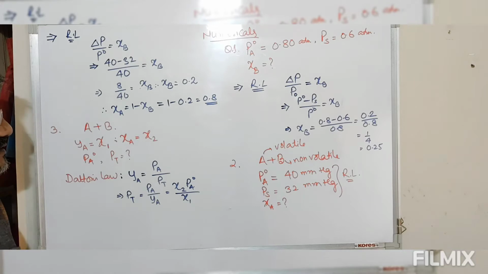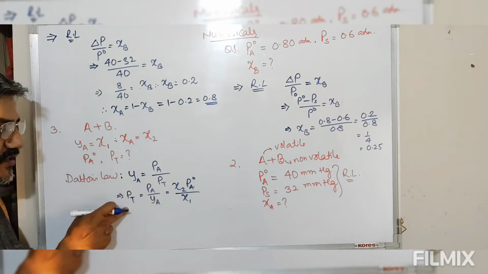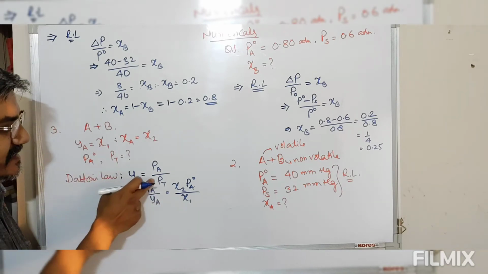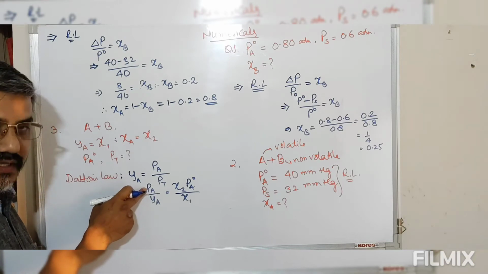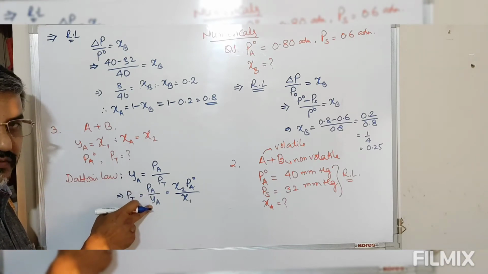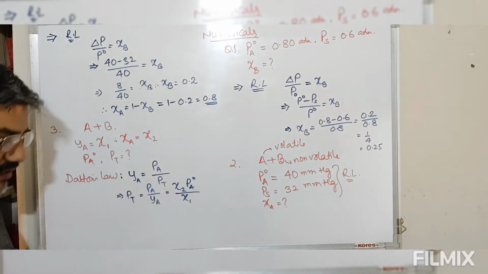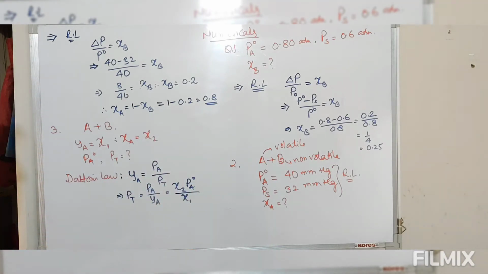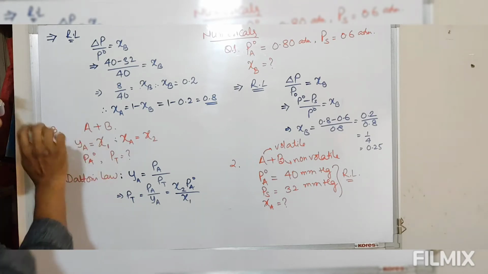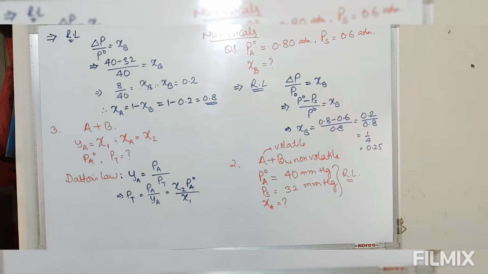So simply, we have to give the expression. Total pressure is partial pressure of A divided by mole fraction of A in the gas state. So this is the total pressure of the solution of A and B. So this is the third question.